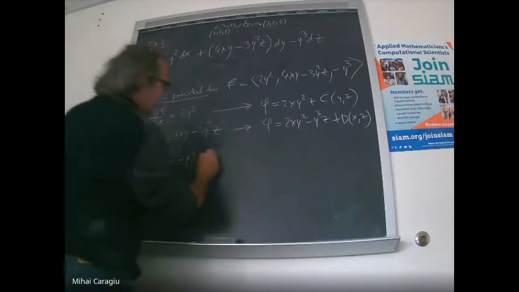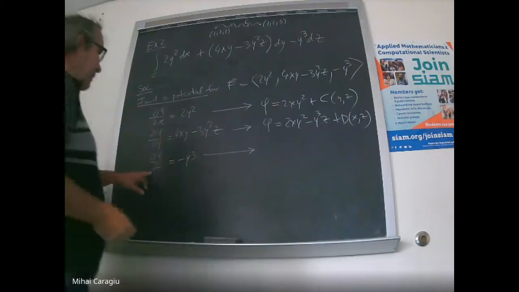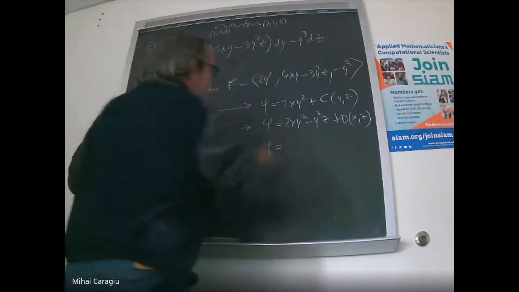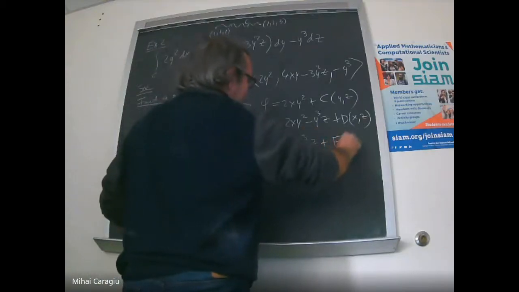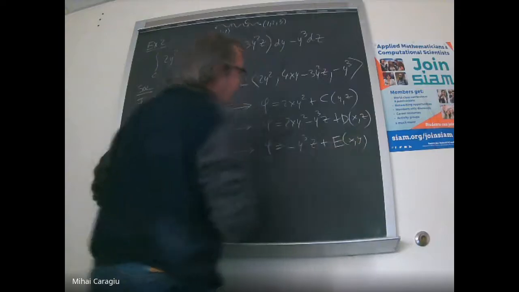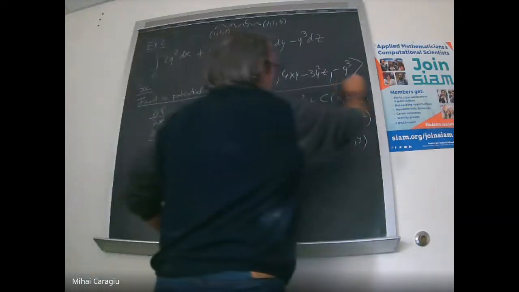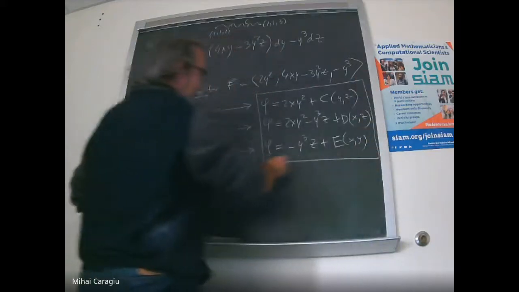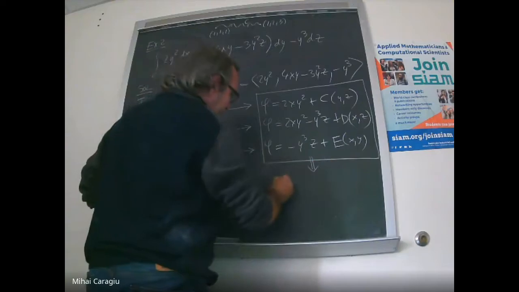And thirdly, integrating in the z variable, phi will be minus y cubed z plus a constant e of x and y. So now let's take these three pieces of information, the three pieces of the puzzle, and find the potential phi.